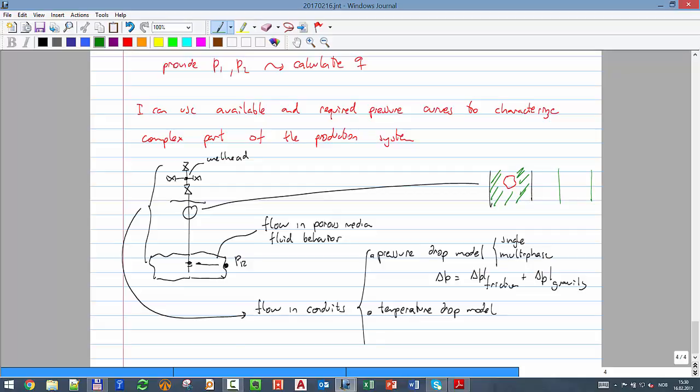I might have a film of liquid and some gas in the center. That's very different from single phase flow, so it depends on what I have. And then I need something else, the fluid model, that is going to tell me how some fluid properties change with pressure and temperature.